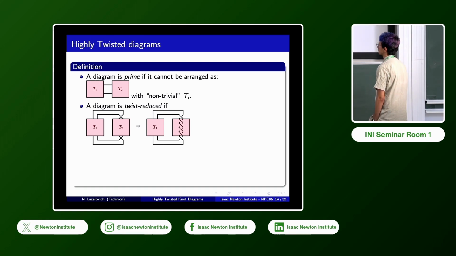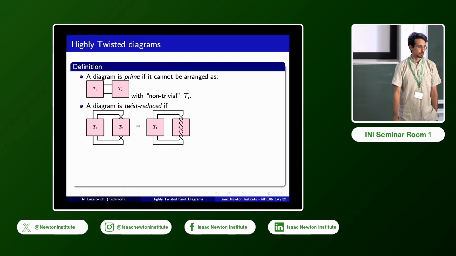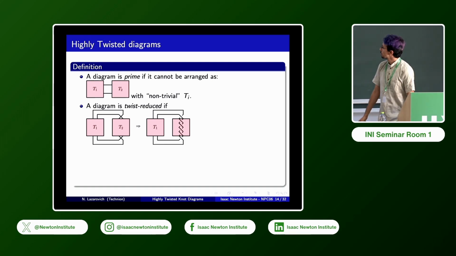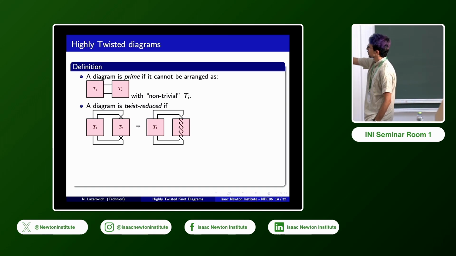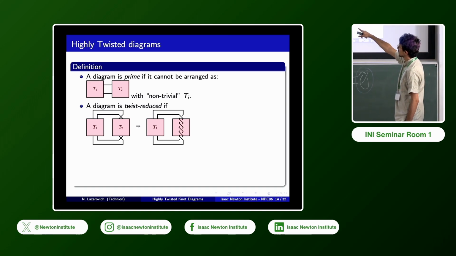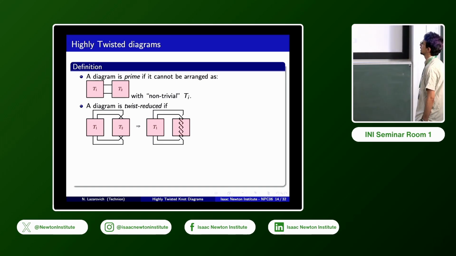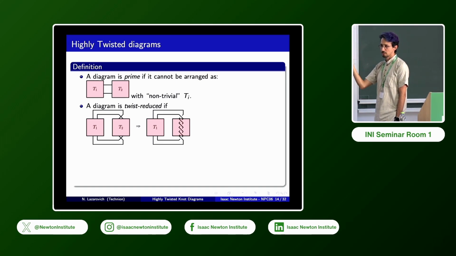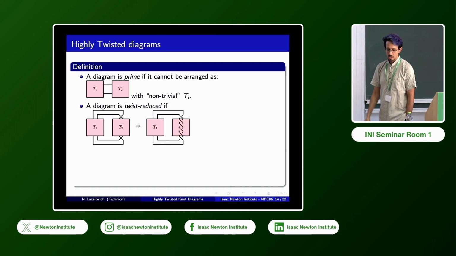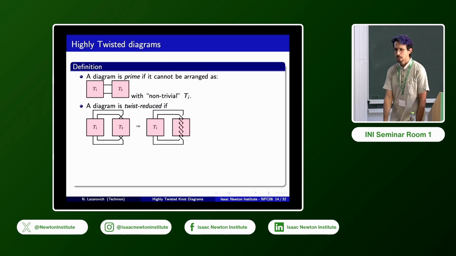The next one is we want the diagram to be twist reduced. Twist reduced means that whenever you see a situation like the one on the left, then the stuff hiding in T2 or maybe in T1 is just a twist. It's called twist reduced because you can always assume that your diagram has this form.